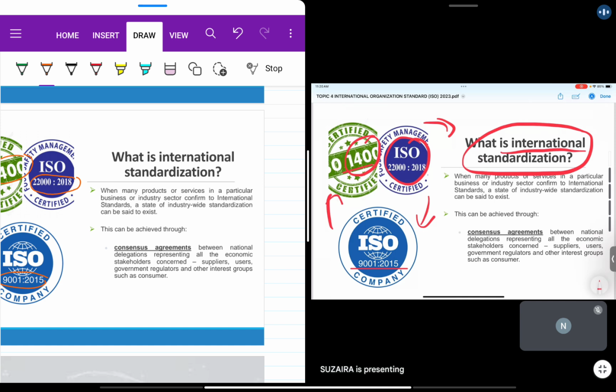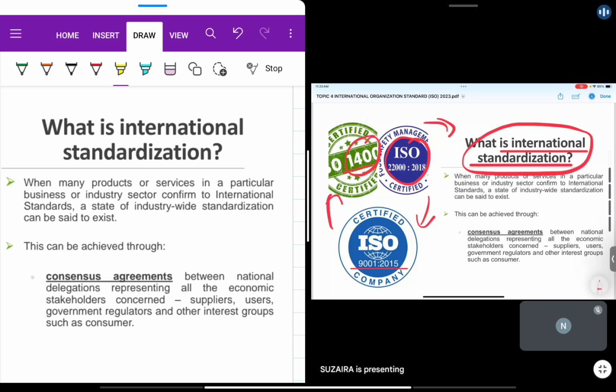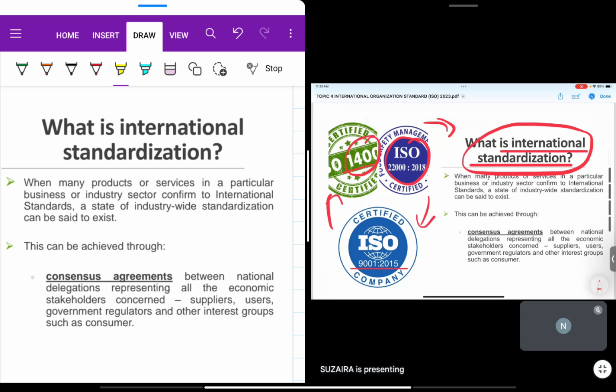What does it mean by international standardization? International standardization means more towards this. As I mentioned just now, we have representatives to represent different countries. For example, Malaysia has a representative that goes to Geneva and sits together to come up with a new standard.